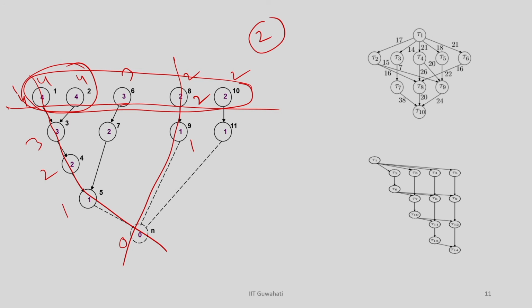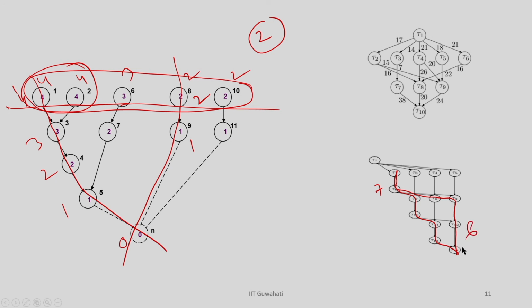Whereas, think about this kind of graph, right. Here you see there are a lot of paths and the distances of the paths are many. For example, in this graph there is a path from here which is 1, 2, 3, 4, 5, 6, 7. There is another path from this node which is like this, so 1, 2, 3, 4, 5, 6, right.